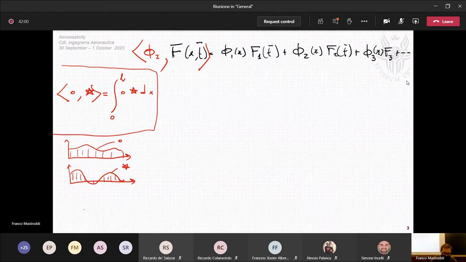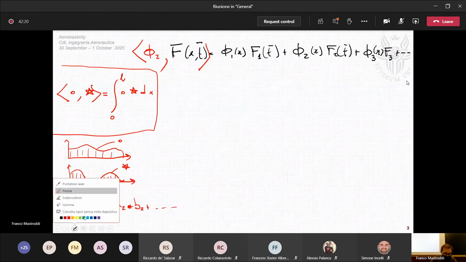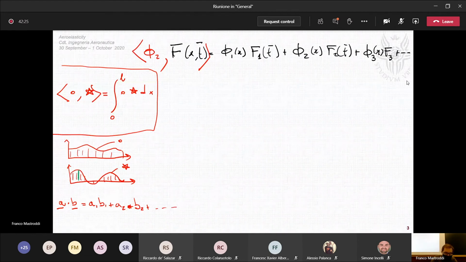In the case of a finite-dimensional vector, you take the A1 component by the B1 component plus the A2 component by the B2 component plus and so on, correct? And here you have to multiply the value of the star function by the corresponding value of the circle function, and then sum, the integral. And this is exactly what you do here. This is the inner product. This is the dot product for functions.